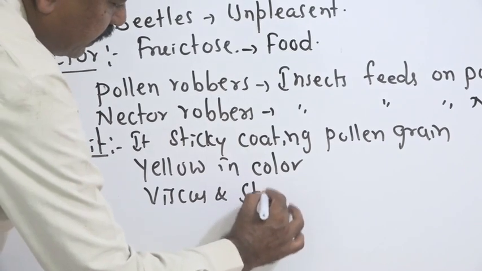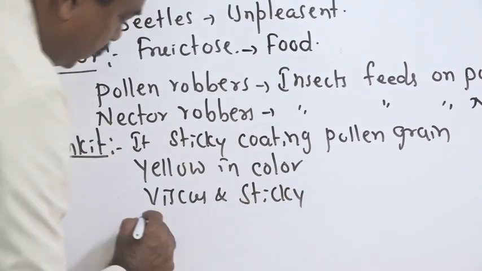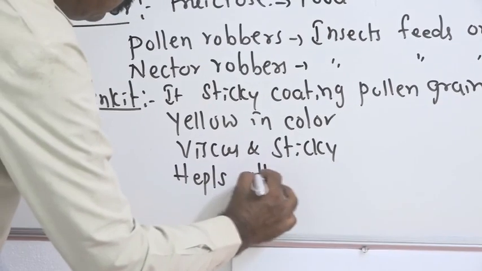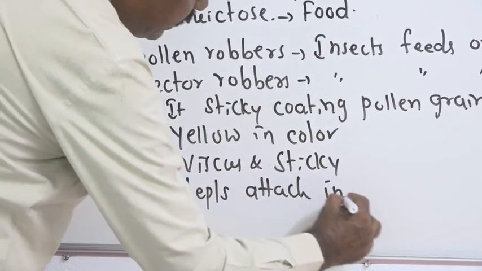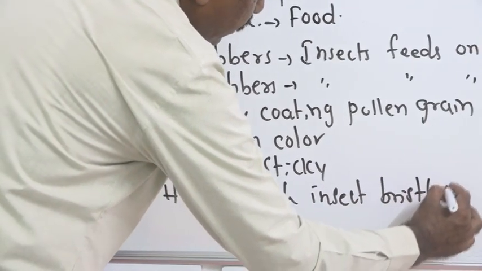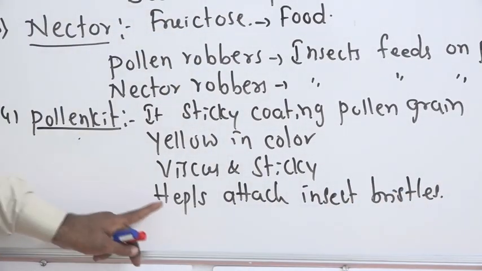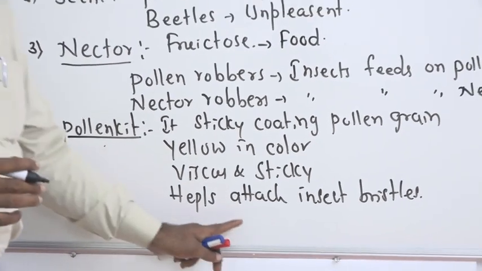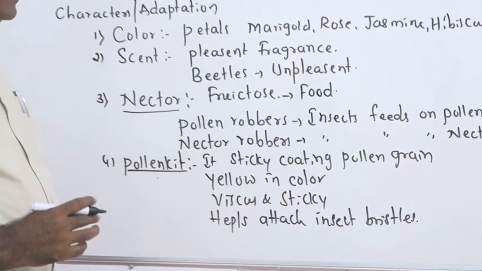This pollen kit helps to attach to the insect bristles during pollination. As a result, the pollen grains adhere to the insect body. They are transferred to the anther or stigma of the flower.